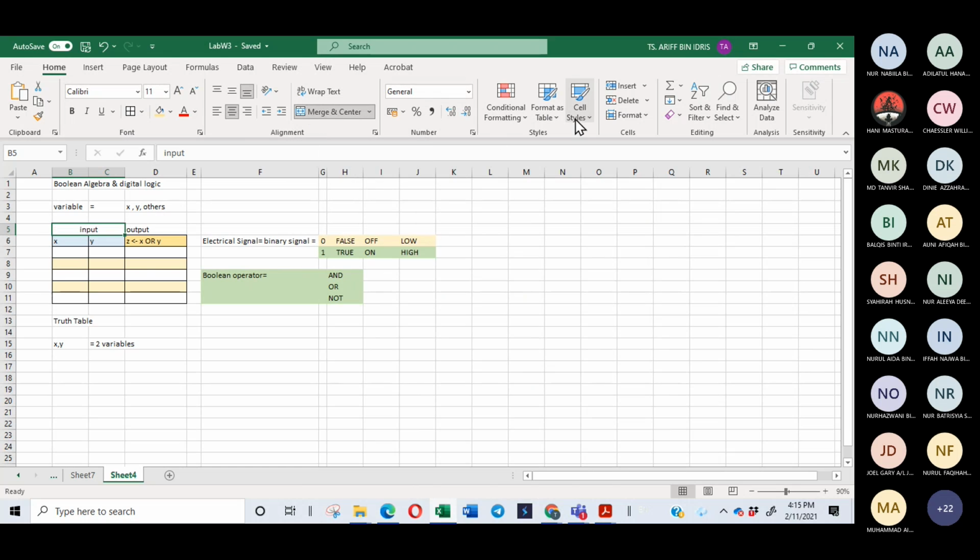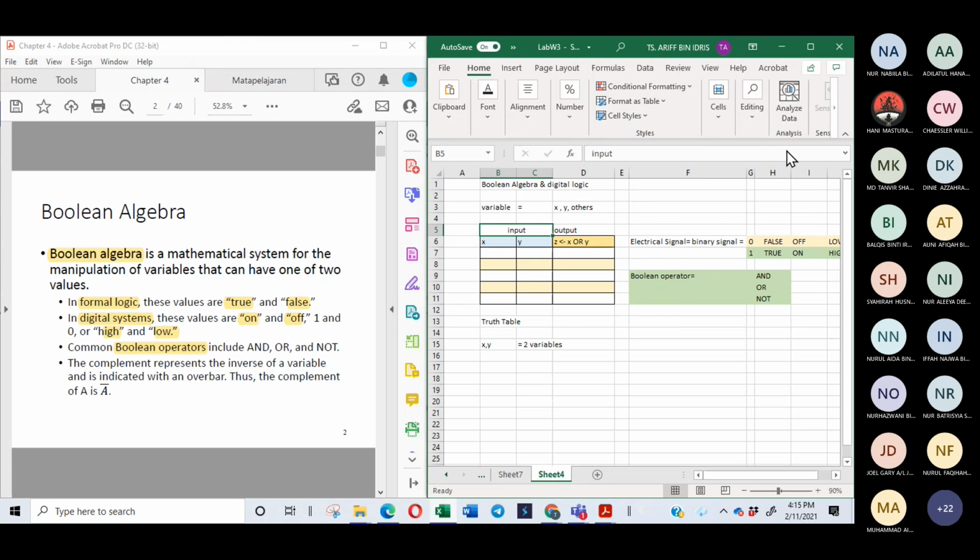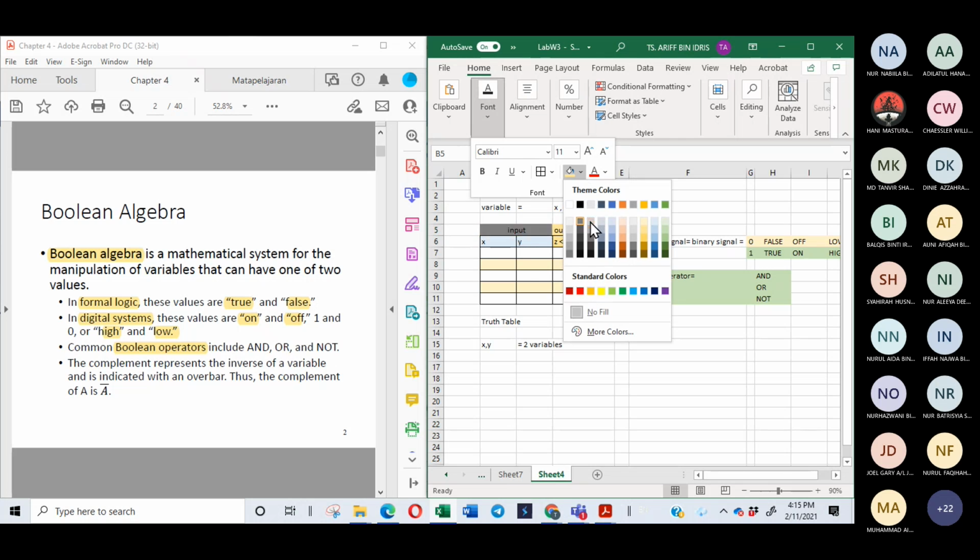So X and Y are the input, and Z equivalent to X or Y is the output.